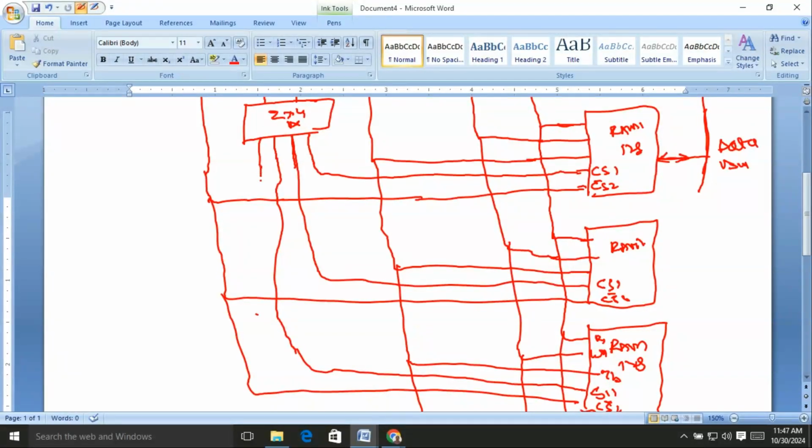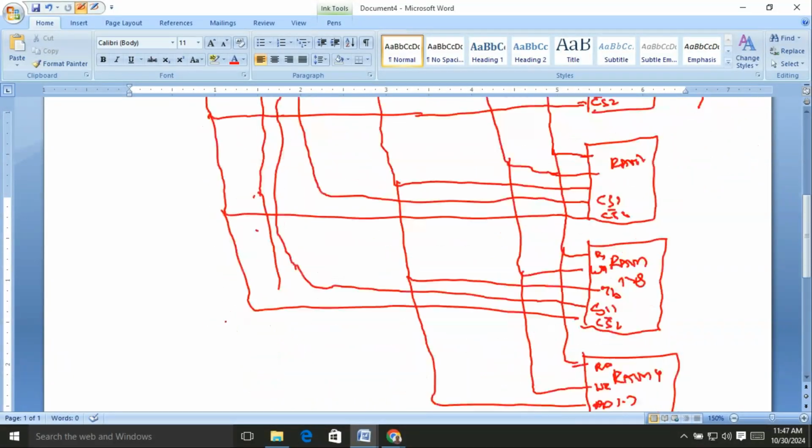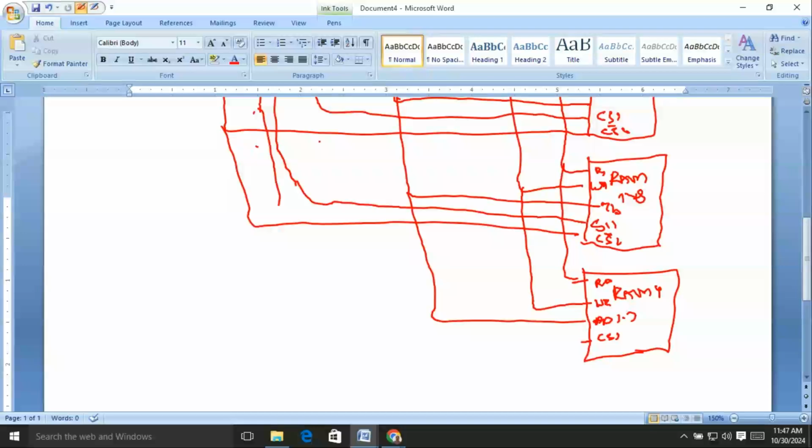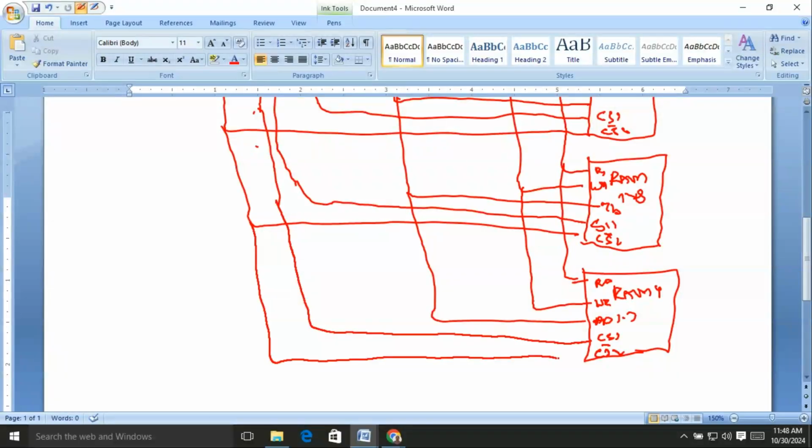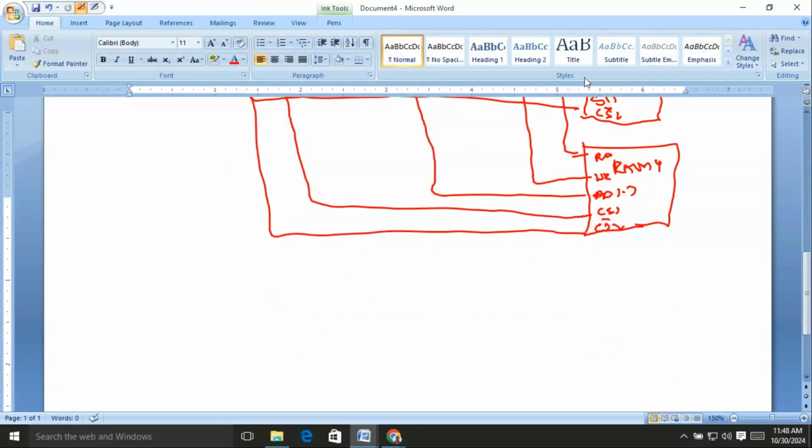From here onwards, I am interconnecting to the fourth RAM chip to select the particular chip which is going to be selected. This is the CS1, and the final CS2 bar is interconnected.